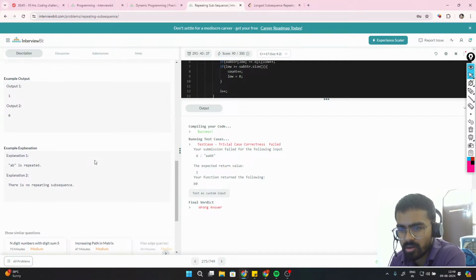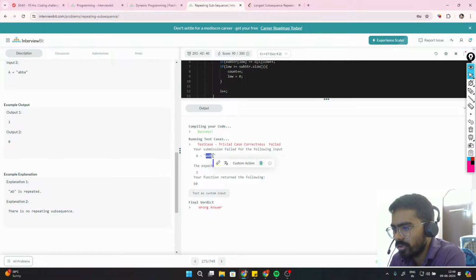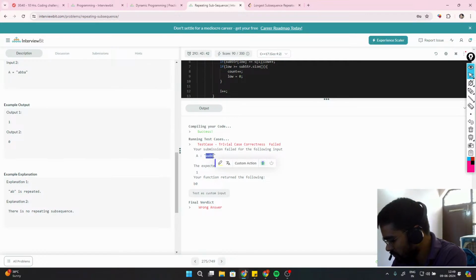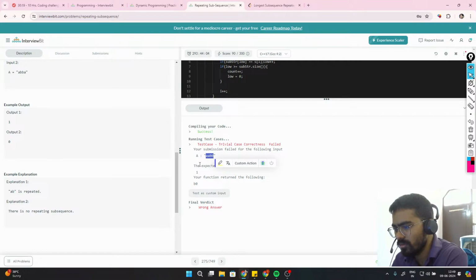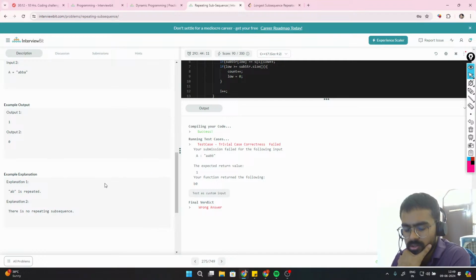I don't know. In AABB, expected return value is 1. My function returned 0. Obviously it will return 0.